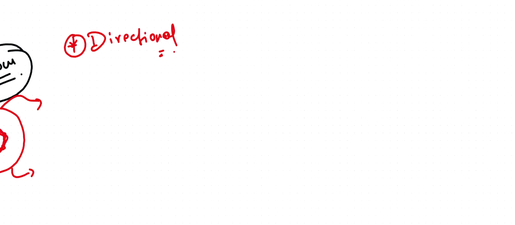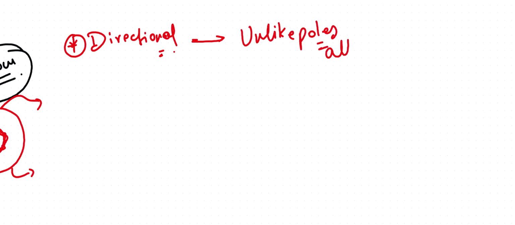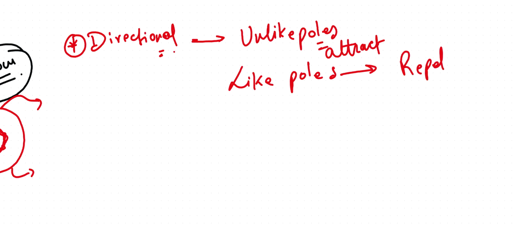If you have attended the previous session, you know, unlike poles attract each other. And like poles repel each other. And if you remember, I told you repulsion is a more important property than attraction, and by now you know why, to determine the magnetic properties.